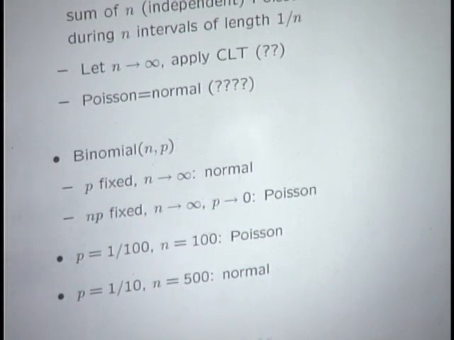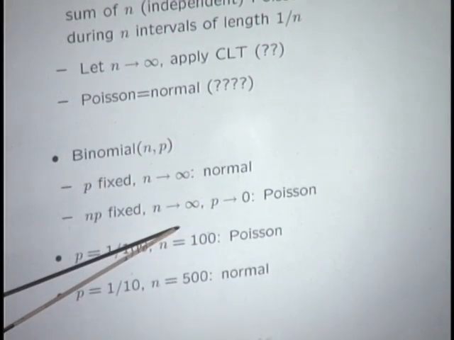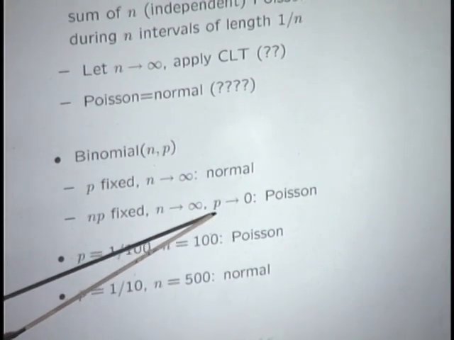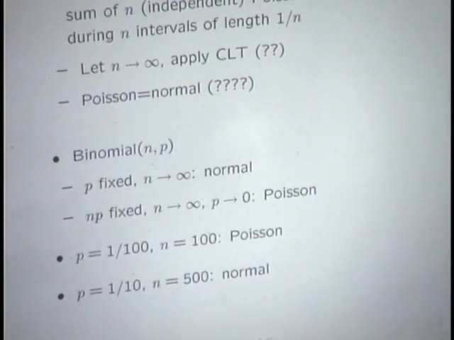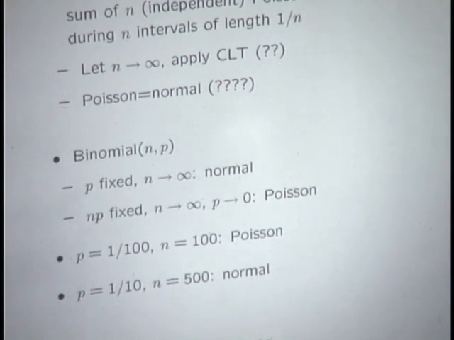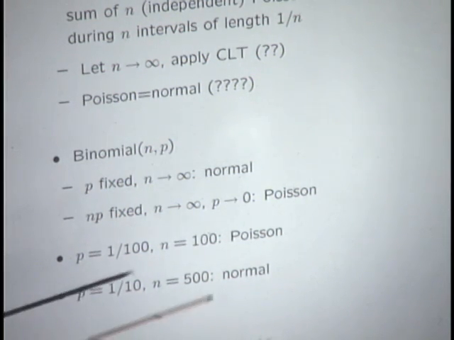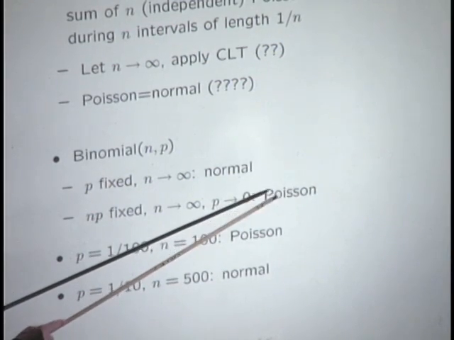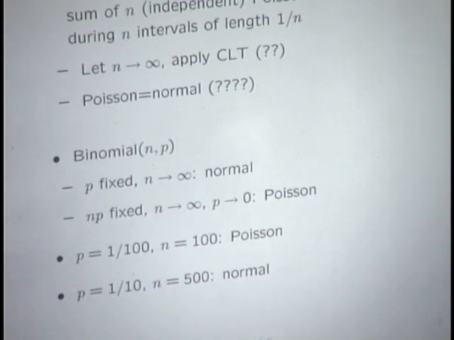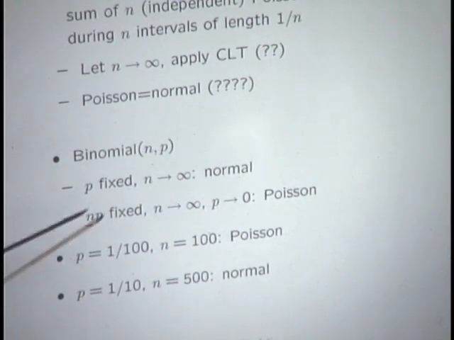We have a very, very large number of time slots, but during each time slot, there's a tiny probability of obtaining an arrival. Under that setting, in discrete time, we have a binomial distribution or a Bernoulli process, but when we take the limit, we obtain the Poisson process and the Poisson approximation. So these are two equally valid approximations of the binomial, but they're valid in different asymptotic regimes.